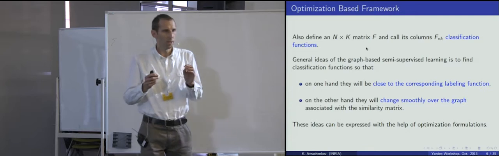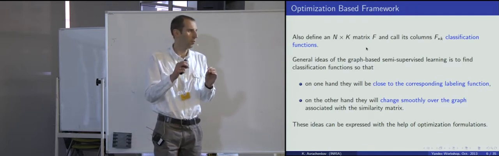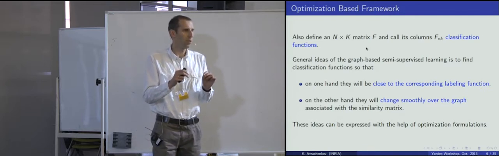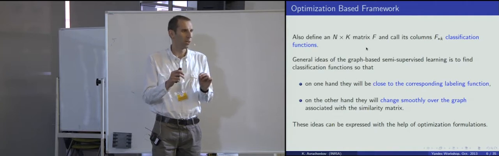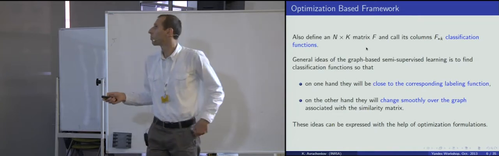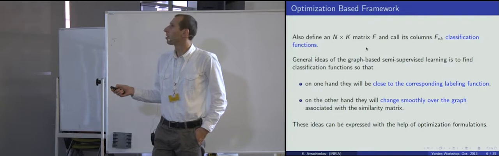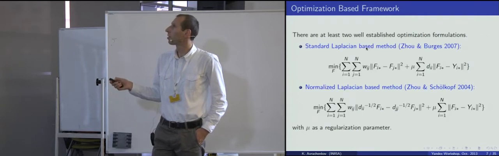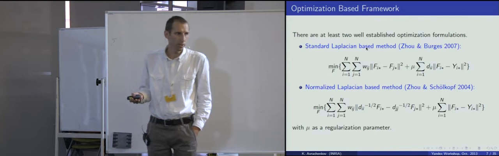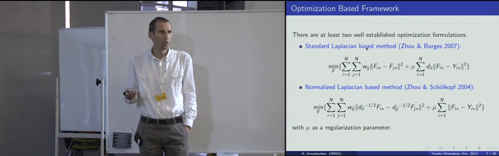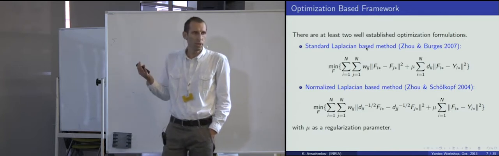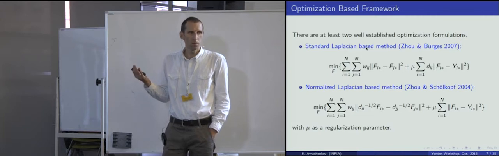So the values of the classification functions at two neighboring points in a graph should not differ much. These empirical suppositions could be expressed, for example, in the following optimization forms.